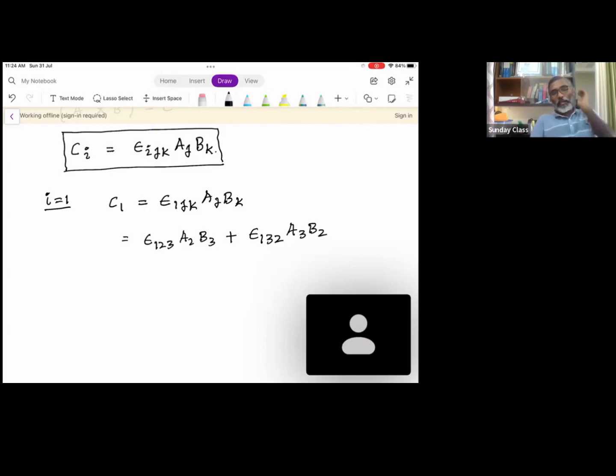Even though there are 9 terms, because many of these epsilons are 0, only these 2 terms will be there. So what is epsilon 1, 2, 3? Epsilon 1, 2, 3 is plus 1, and epsilon 1, 3, 2 is minus 1. So this is equal to A2, B3 minus A3, B2. So that is your C1.